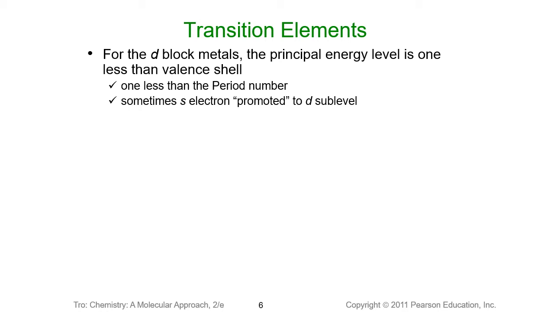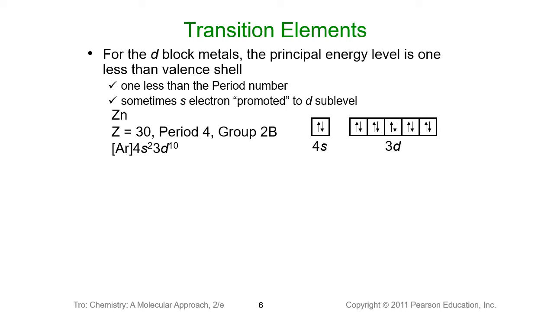So if we're looking at row 4, it is actually the 3d orbital. If you look at zinc, zinc is number 30. We would start at argon, it is 4s2, but then because we're entering the d orbital, it is 1 less for the energy level, and so it would be a 3d10.